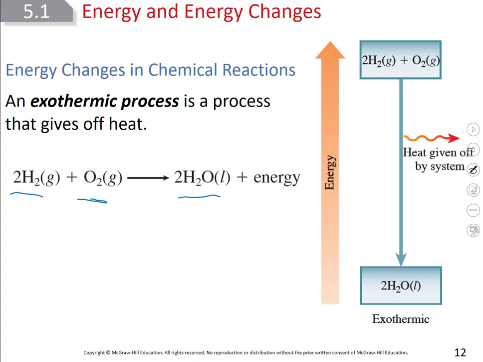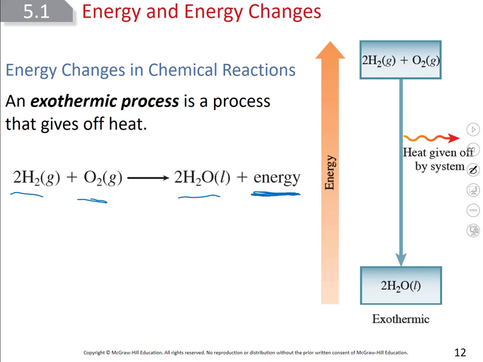Now, that probably wasn't a whole lot, but if it was a larger amount, you would definitely notice that it would heat up because this is combustion. And combustion, fire, as we know, is hot. It releases heat. So if you have energy written as a product, the reaction is producing energy, then it is exothermic. So that's one way of telling. If you're given a chemical reaction and energy is a product, then it is an exothermic reaction.